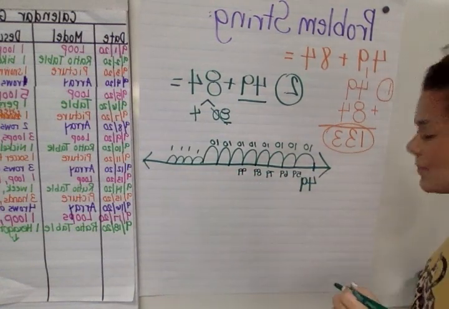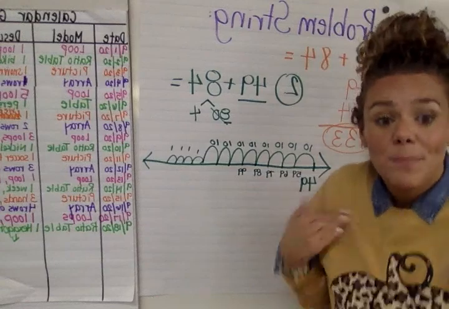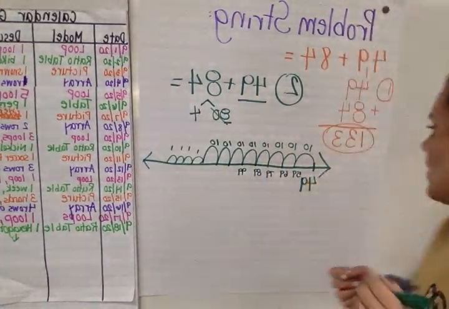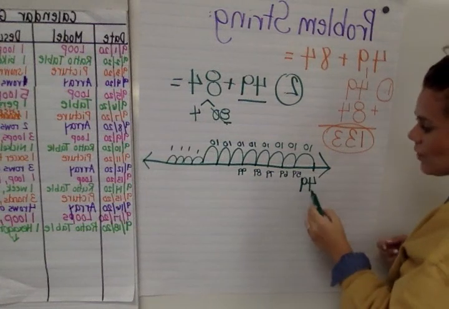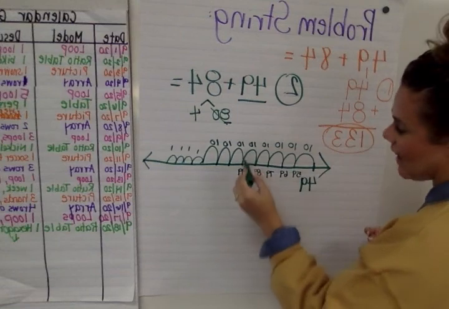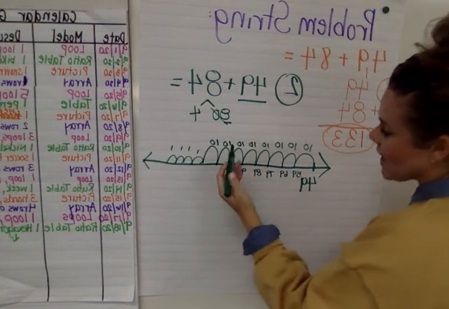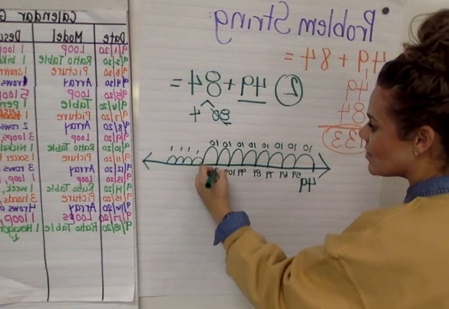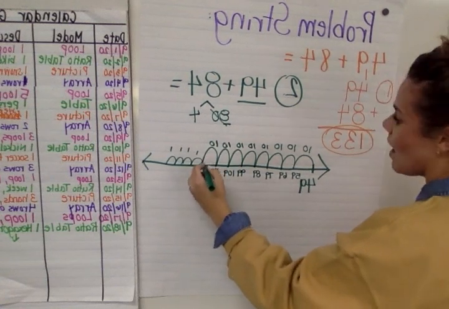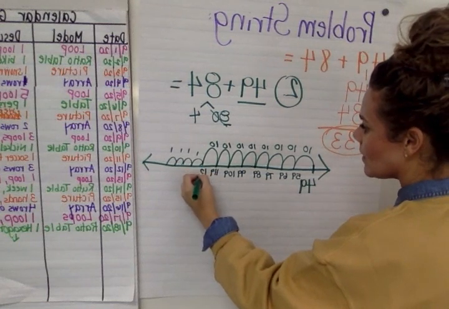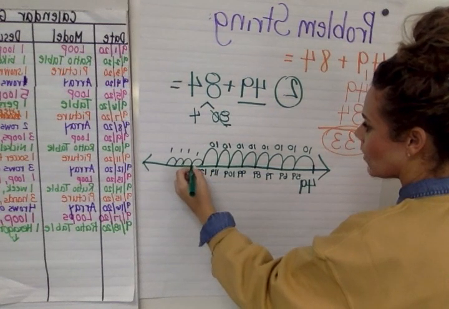This is where it sometimes gets tricky because we're going to jump into the hundreds. So we need to make sure we keep our tens correct, right? So count with me. 49, 59, 69, 79, 89, 99, 109, another 10, 119, another 10, 129. Now counting ones.